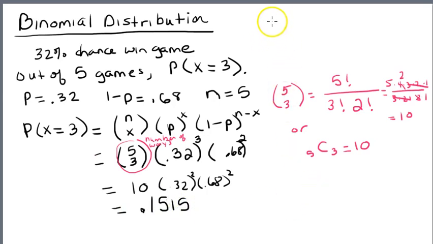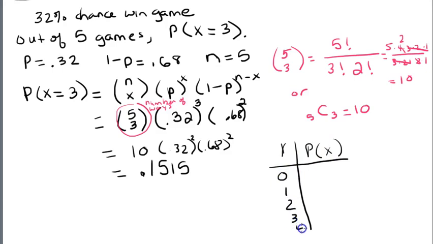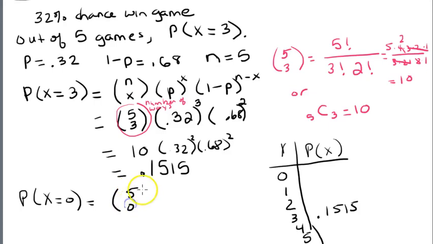So if we were to create a chart, what we have right now is, to complete the entire distribution, you would repeat this process for each value of x. Well, some of them are pretty easy. Consider for a second 0. So what does that exactly mean as we plug in our formula?